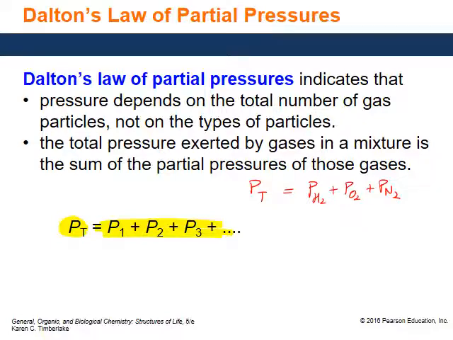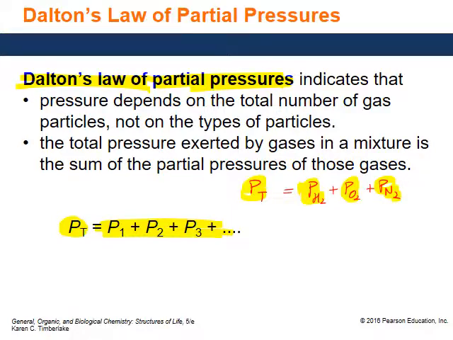And that pressure which is exerted by individual gases is referred to as the partial pressure of each gas. So this is partial pressure of hydrogen, partial pressure of oxygen, partial pressure of nitrogen. And the total pressure is the sum of all of these. So this is Dalton's law of partial pressures.